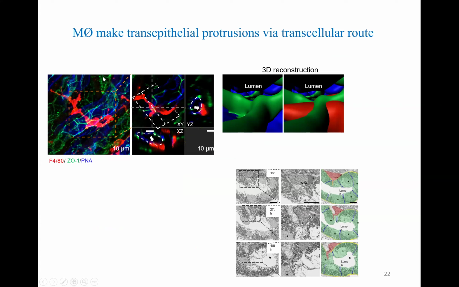So to understand how macrophages penetrate through it, we co-stained with a tight junction marker, ZO-1. This displayed a strong labeling of the epithelial cell borders. It revealed that each trans-epithelial protrusion in most cases wrapped around more than one epithelial cell. The protrusion is very long.